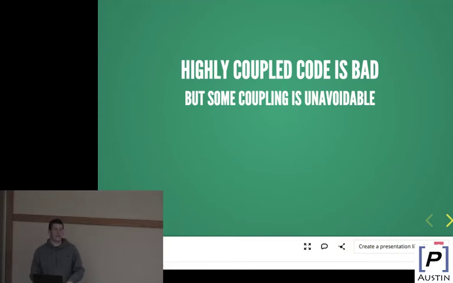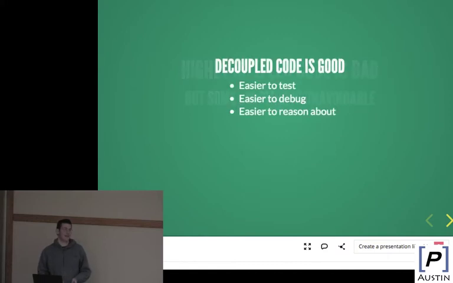So we have to figure out how to balance these two extremes of completely decoupled code that doesn't actually do anything and highly coupled code that is really difficult to maintain or reason about and potentially buggy, because you're pulling in your entire application with some of its weird behaviors to do a single thing.